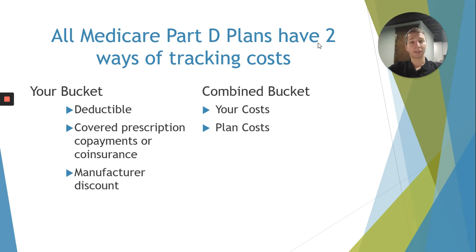The other bucket is the combined bucket. This is all of your costs plus what the plan, the insurance company, pays. An example of how this works: let's say you have a medication that costs $200. Your copay is $50. So your copay goes into your bucket, which is $50. $200 though is the total cost between what you're paying and what the insurance company's paying. So $200 goes into that second bucket.